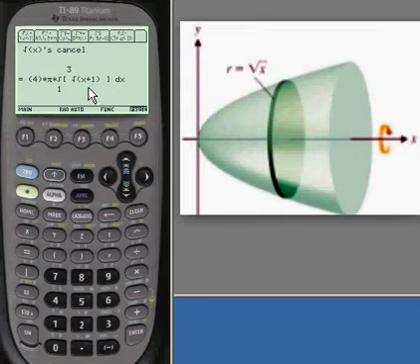Now here's the u substitution part. u equals x plus 1, du equals 1 dx. We don't put down the 1, but it's there. And then we change it to the u integral. 4 pi integral of u to the 1/2.